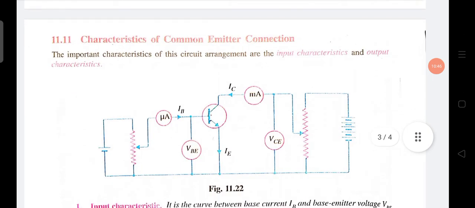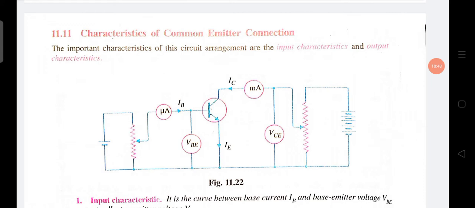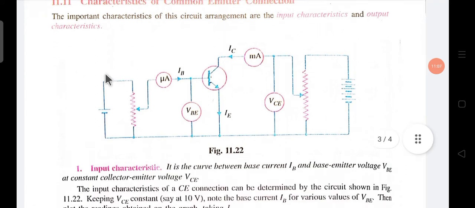Now let's see the characteristics of the common emitter connection. This circuit is used to draw the characteristics of the common emitter configuration. The characteristics are of two types: one is the input characteristic, and one is the output characteristic.